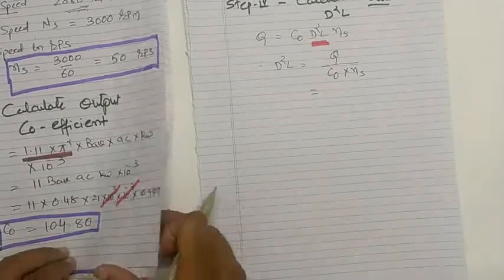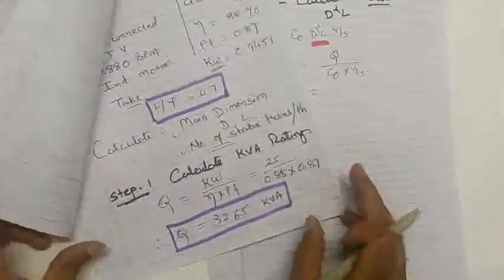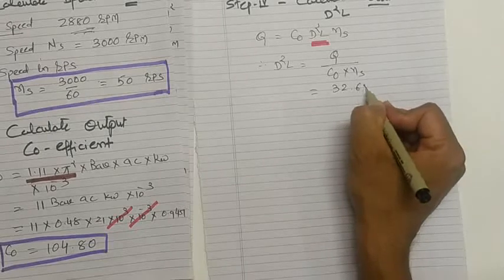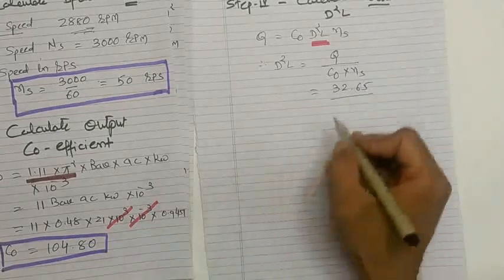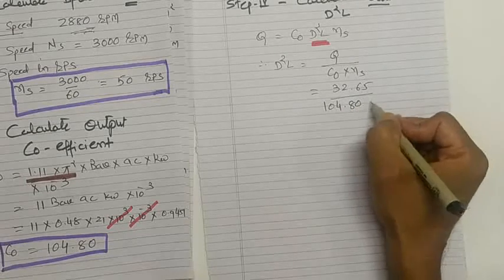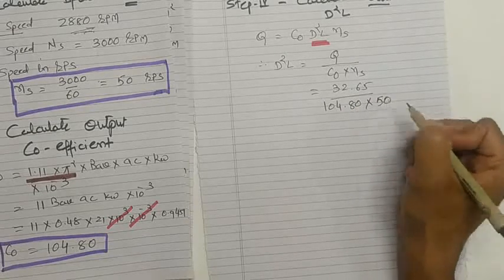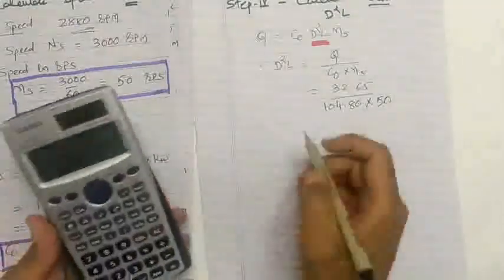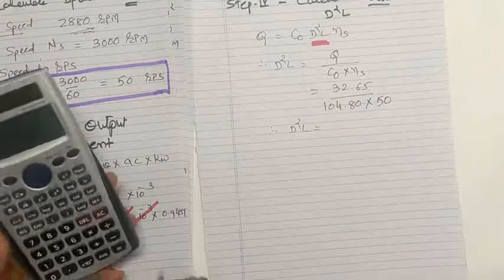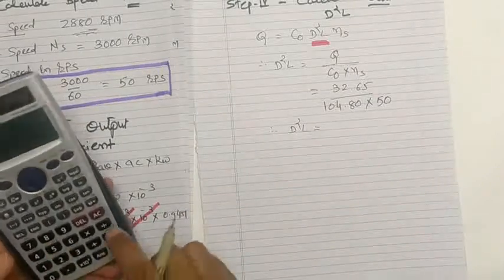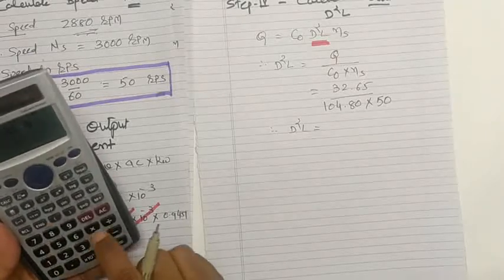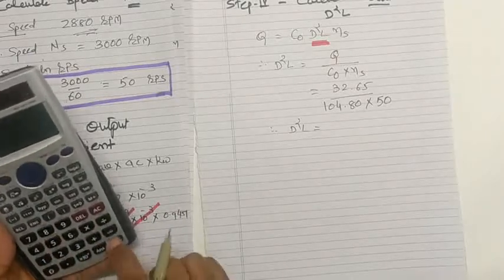So Q in kVA we have already calculated, 32.65. CO we have calculated, 104.80, multiplied by 50, that is our revolutions per second. Therefore D square L is equal to 32.65 divided by 104.80 divided by 50.